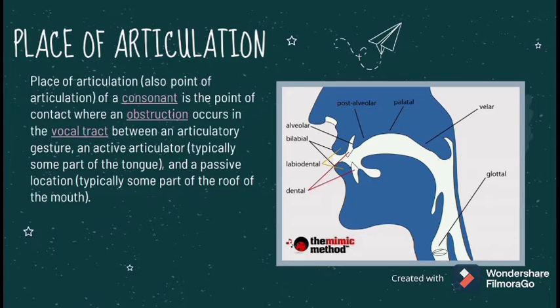Place of articulation, also the point of articulation of a consonant, is the point of contact where an obstruction occurs in the vocal tract between an articulatory gesture, an active articulator, typically some part of the tongue, and a passive location, typically some part of the roof of the mouth.